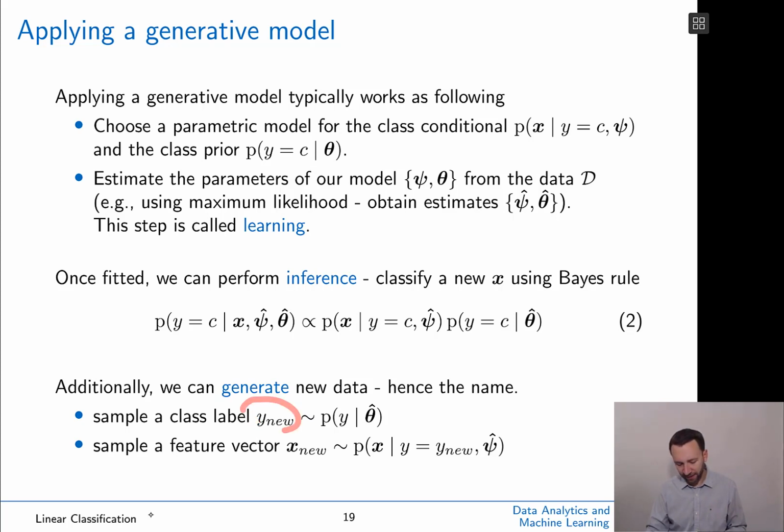And once we have this label, we can do the same for our actual data X, for our images, for example, right? Because this here is a distribution over X, over the data space. And once we have already decided on our class label, and we have already learned these parameters, then of course we can also sample from this distribution.